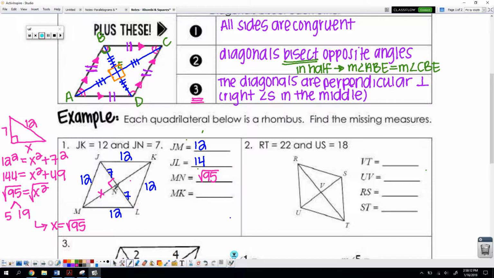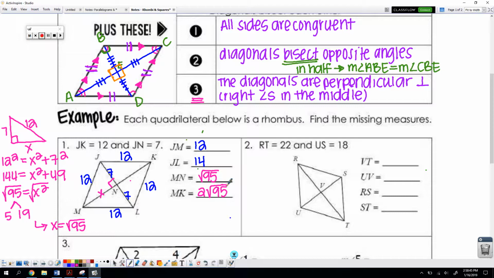They want the total of MK. One thing we should know is that they match each other. So this part right here is the square root of 95. This one right here is also the square root of 95. So how many square roots of 95 do you have? Perfect, we have 2. So it's 2 square root 95, because you have 2 of them going from M all the way to K.